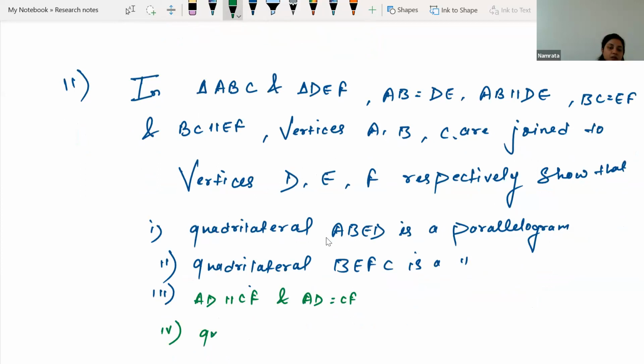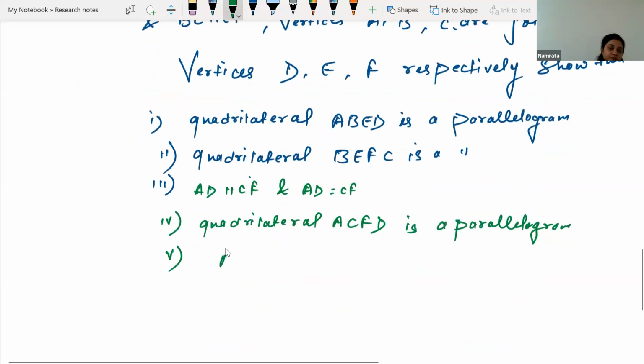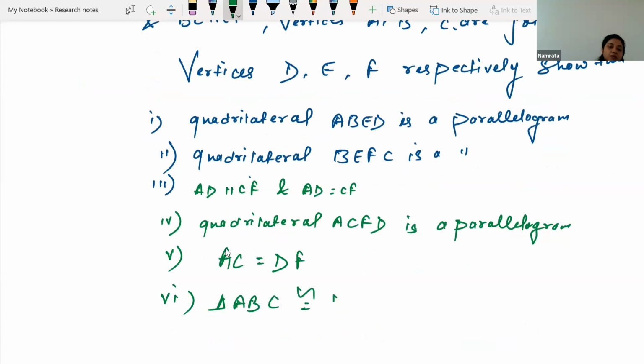Next, quadrilateral ACFD is a parallelogram. Then AC is equal to DF, and the sixth part is triangle ABC is congruent with triangle DEF. Let's draw the figure and try to understand what exactly is going on. The figure is already given, so no need to worry about it. Okay, let me draw it.